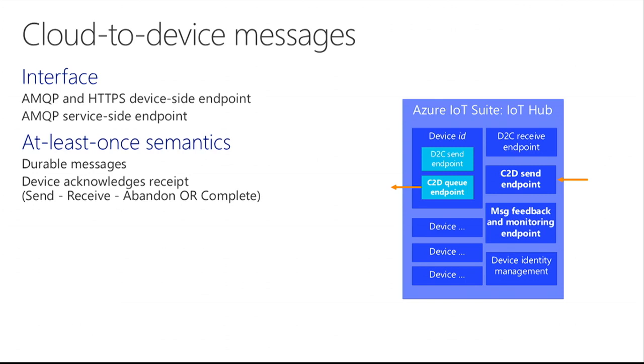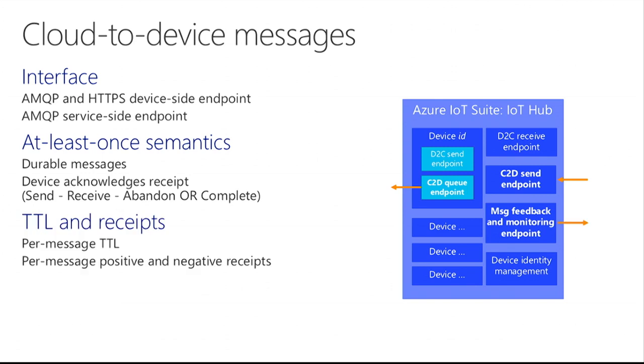This means that after the message has been received, the device has to explicitly abandon the message in case it wants to receive it again in the future, or complete it in order for it to be deleted from the queue. This is very important because a device could fail processing the message for whatever reason, and the message will still be there to consume the next time the device is able to connect or process it.